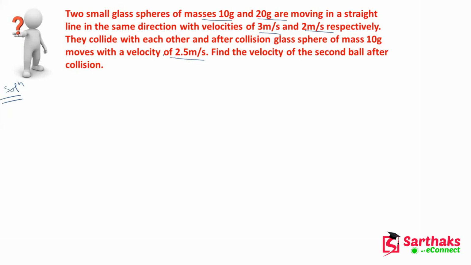Here, the masses of the two small glass spheres are given. Given data: let the mass of one sphere m1 equal 10 gram. Let me change it into kg: 10 gram divided by 1000 gives 0.01 kg.